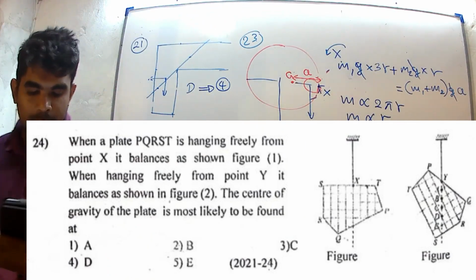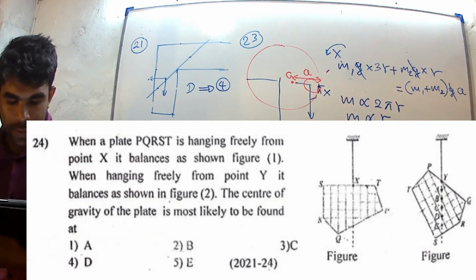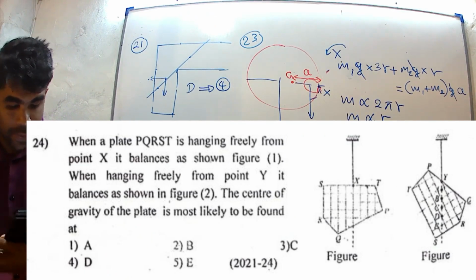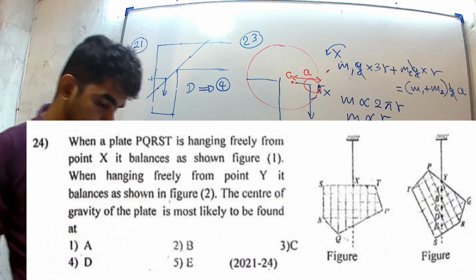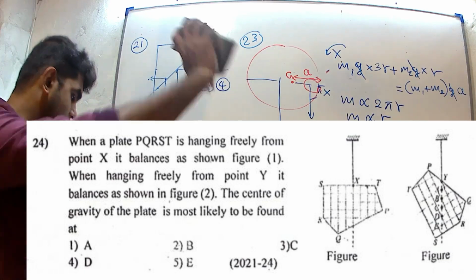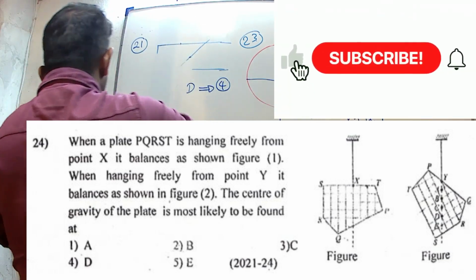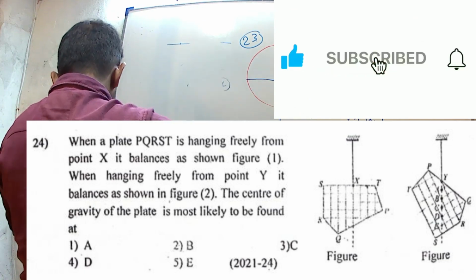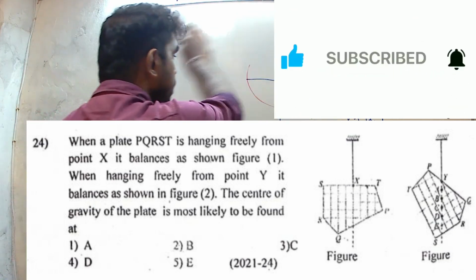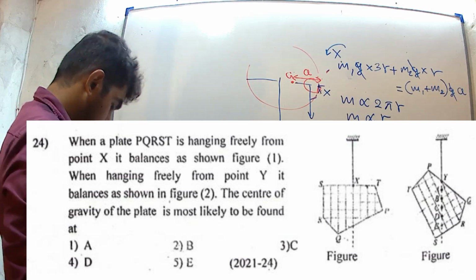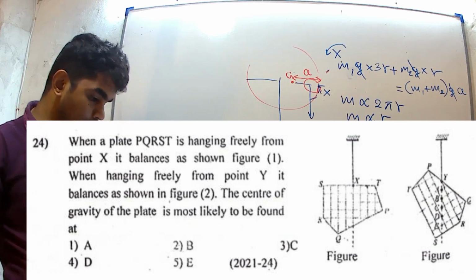Then question number 24. When a plate PQRST is hanging freely from point X, it balances as shown in figure 1. When hanging freely from point Y, it balances as in figure 2.